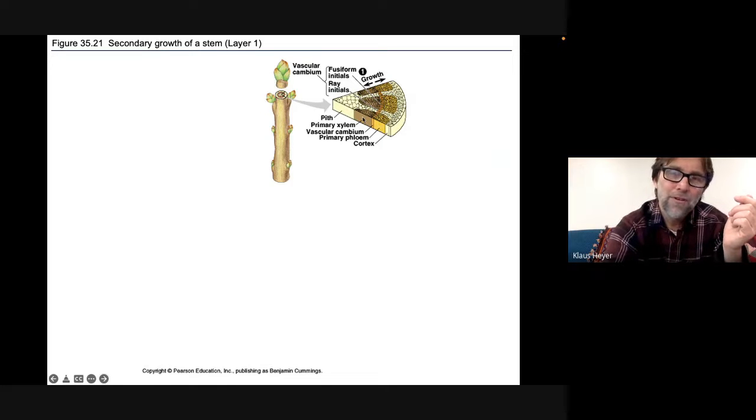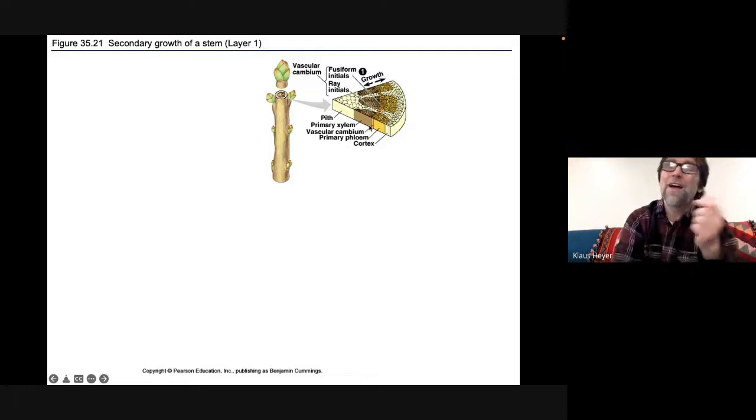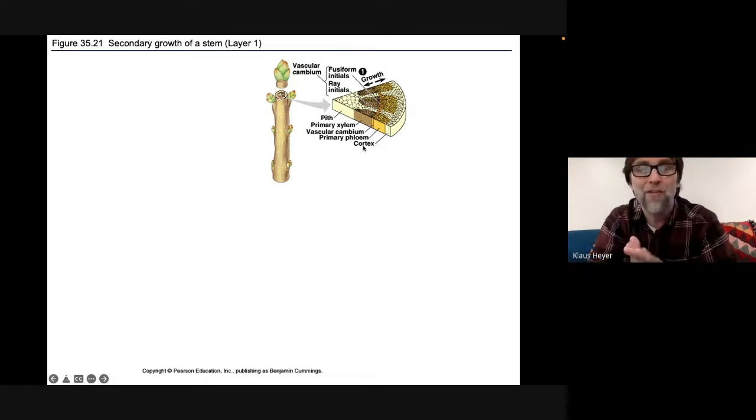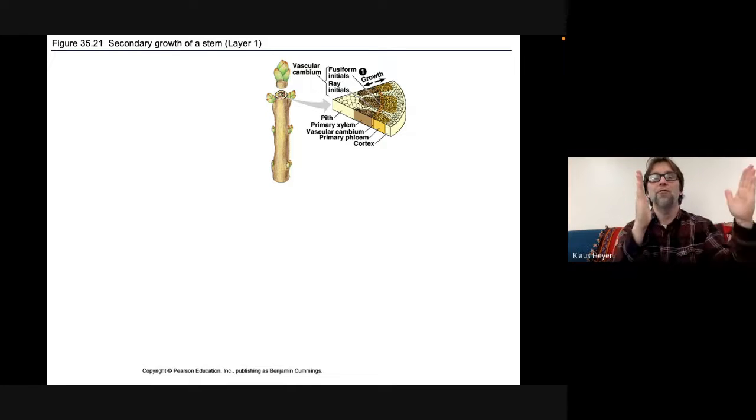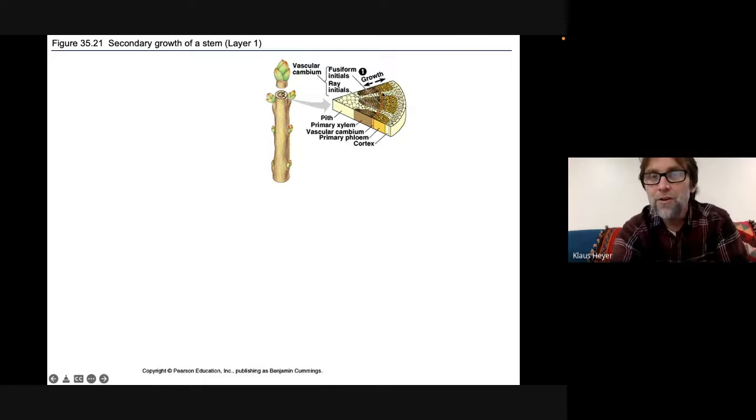Xylem in brown, phloem in yellow, and then there's this gold area, which we call the vascular cambium. This is where you have cell division. So that vascular cambium is going to divide and push on both sides. It's going to push this out further, and it's going to push this in further.